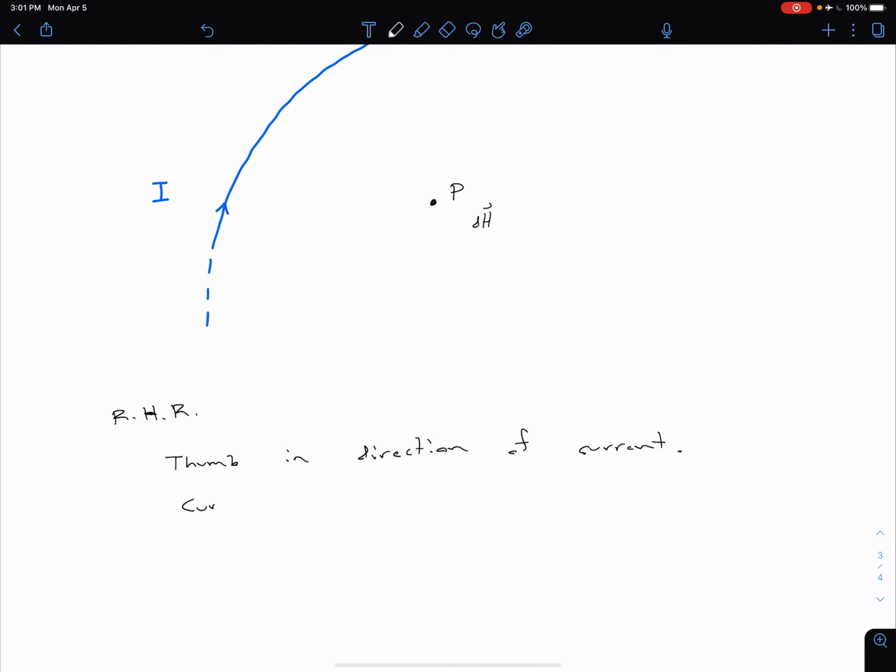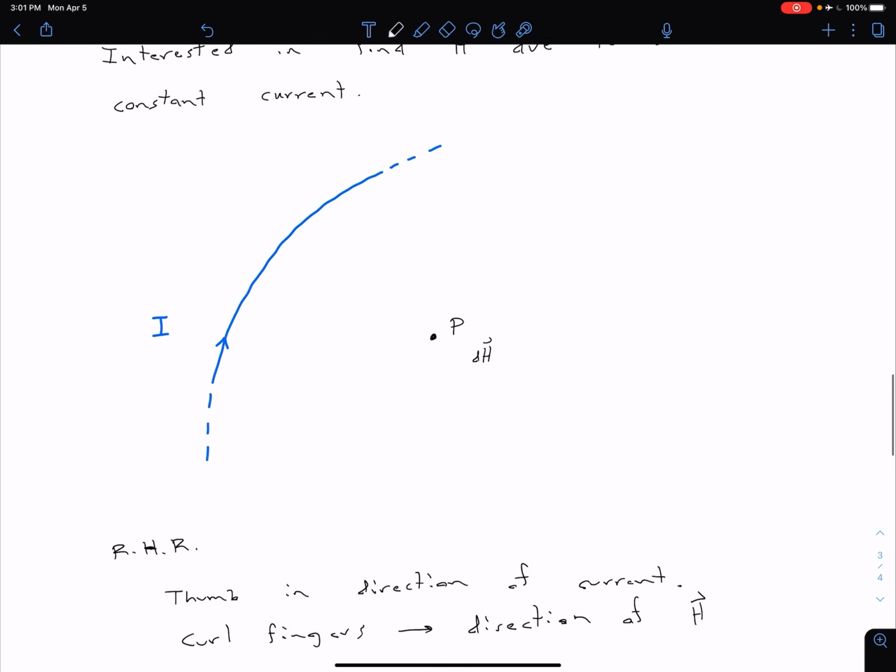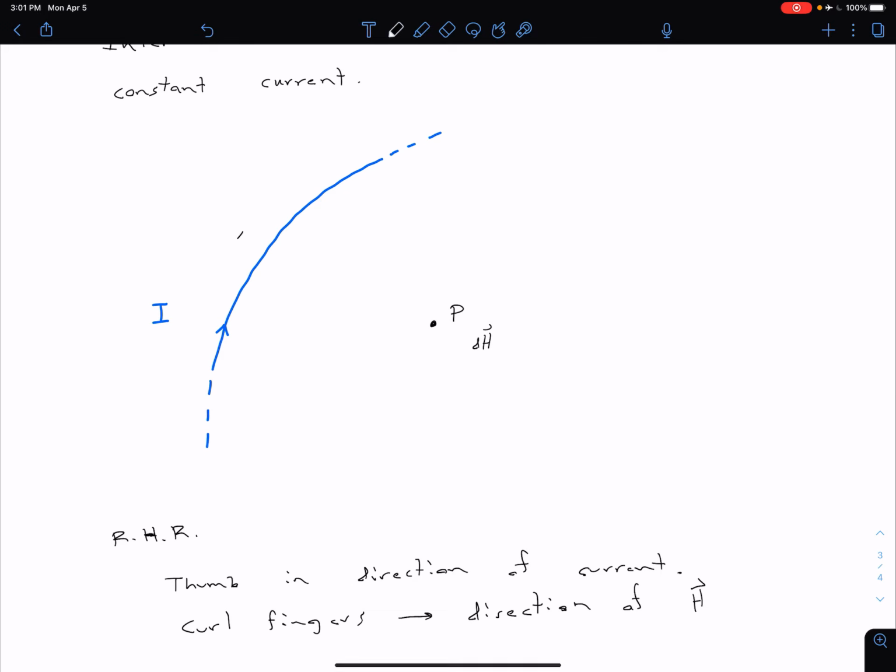Then we curl our fingers, and that gives us the direction of H. In this case, we have our thumb pointing in this direction, and we curl our fingers and see it's coming around and going into the page on the side of the filament that P is on.